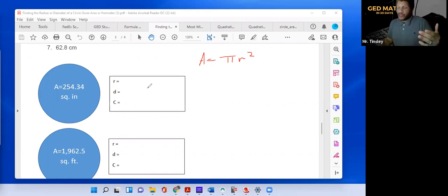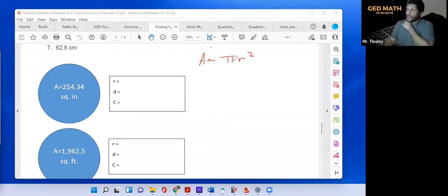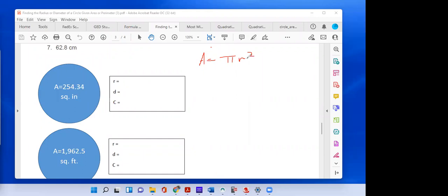They give you the multiple choice, plug them in. In order to get r by itself, what do we need to get rid of first? We know the formula, area equals pi r squared. If we want to get r by itself, what do we need to get rid of? Pi. We got to get rid of pi first.